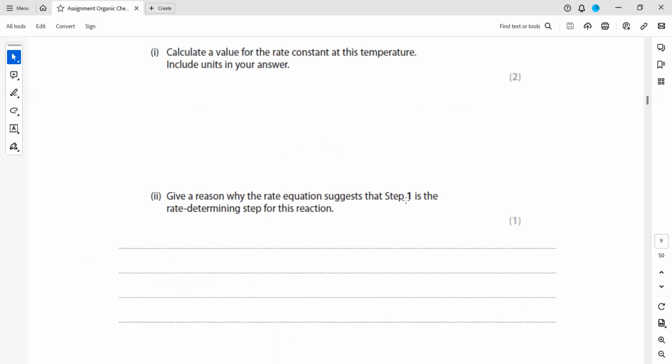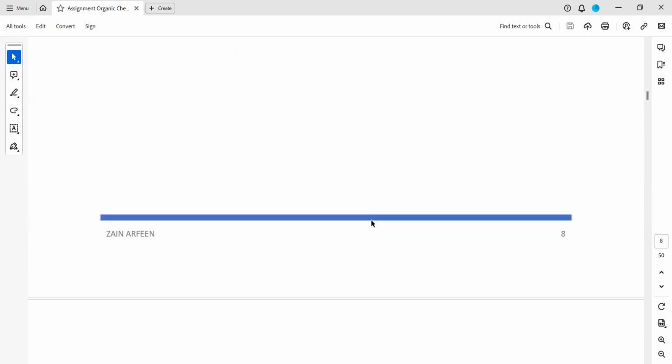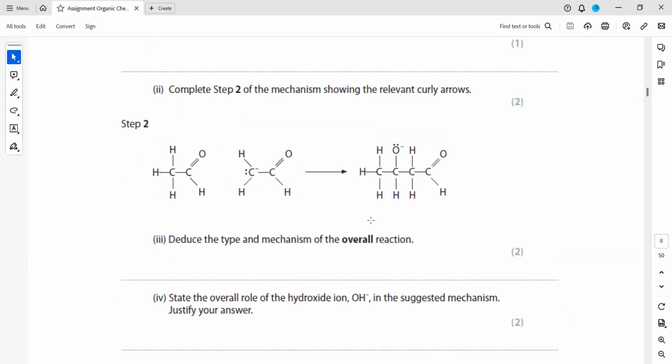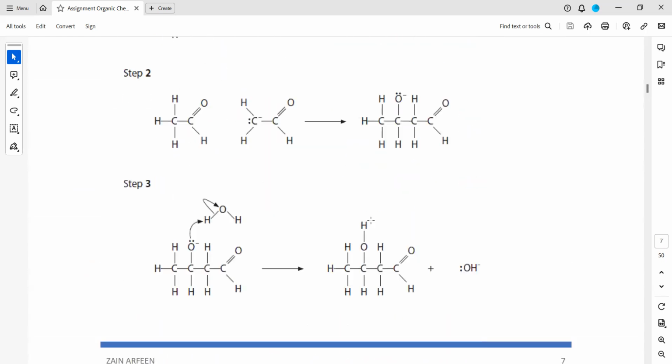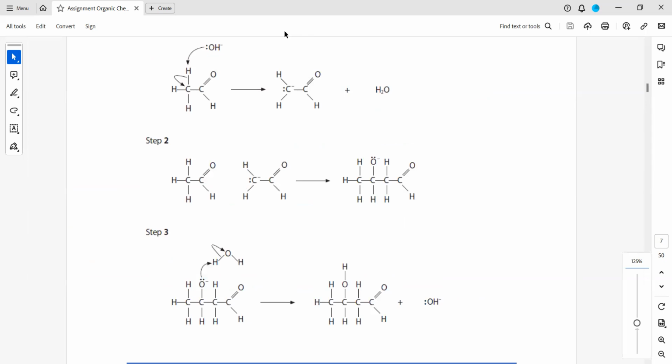Give a reason why the rate equation suggests that step 1 is a rate determining step. So look, as you can see in the beginning of the question, this reaction happened in 3 steps. So why is step 1 a rate determining step? Because you can see both aldehyde and OH are included in step 1.